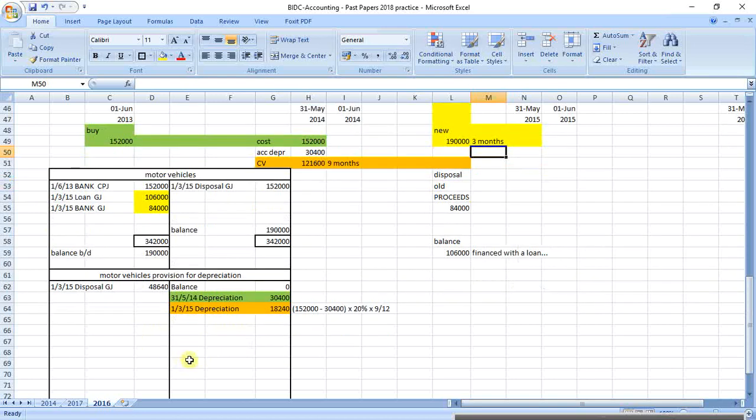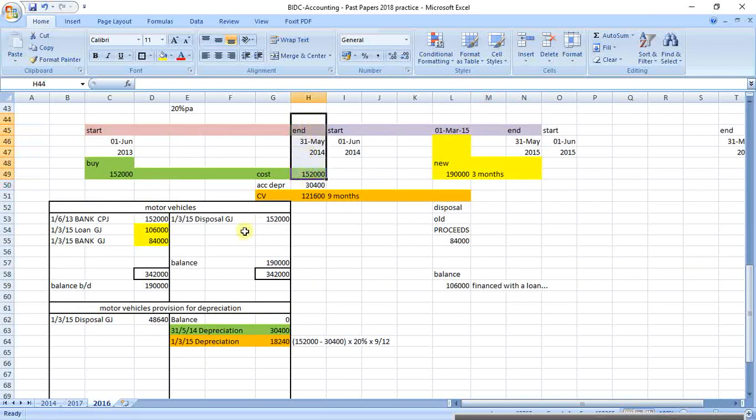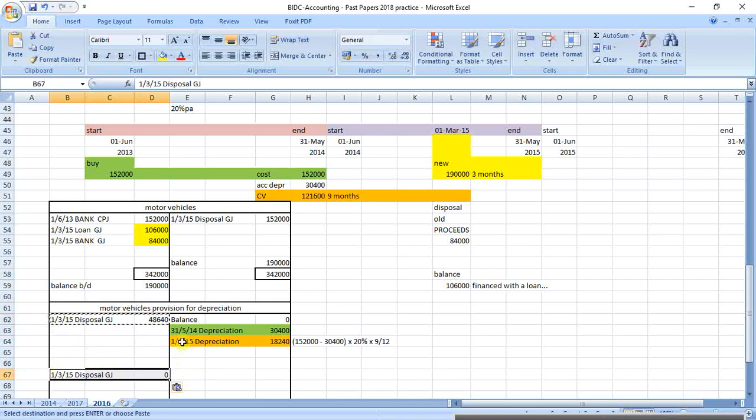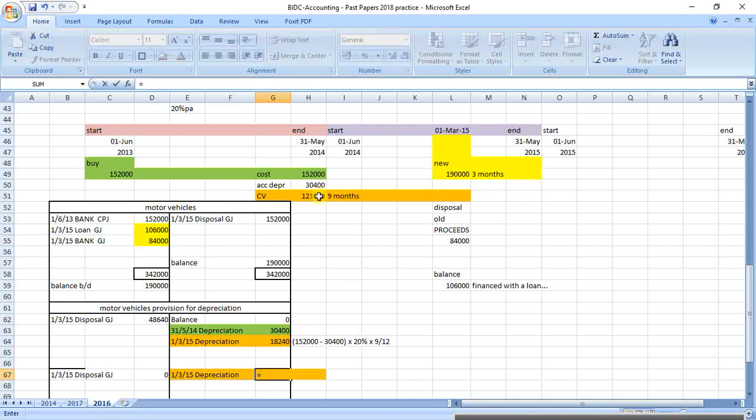This I could have put a closing balance here and an opening balance here. I'm going to just fix this just to make it better. Let's move that down. Because this is going to be, copy this. Okay, that's the 8.